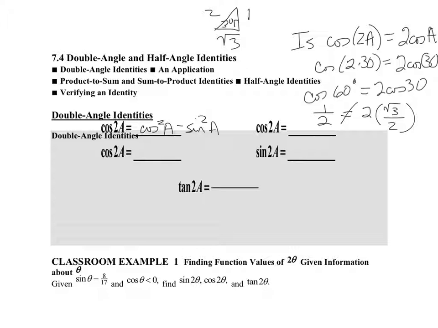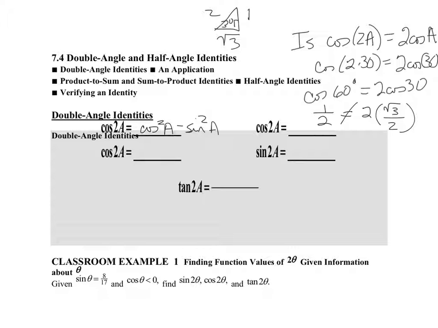Cosine squared plus sine squared is equal to 1. Cosine squared minus sine squared does not fit that pattern because the sign on the cosine matches, but the sign on sine does not. So there's no way to rearrange this and replace it with something that's equivalent to 1. Cosine of 2A is going to be the difference of cosine squared and sine squared.